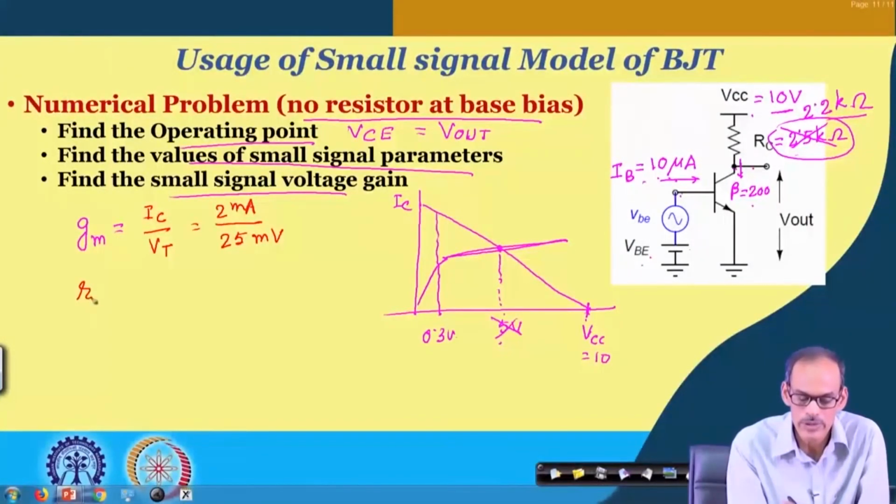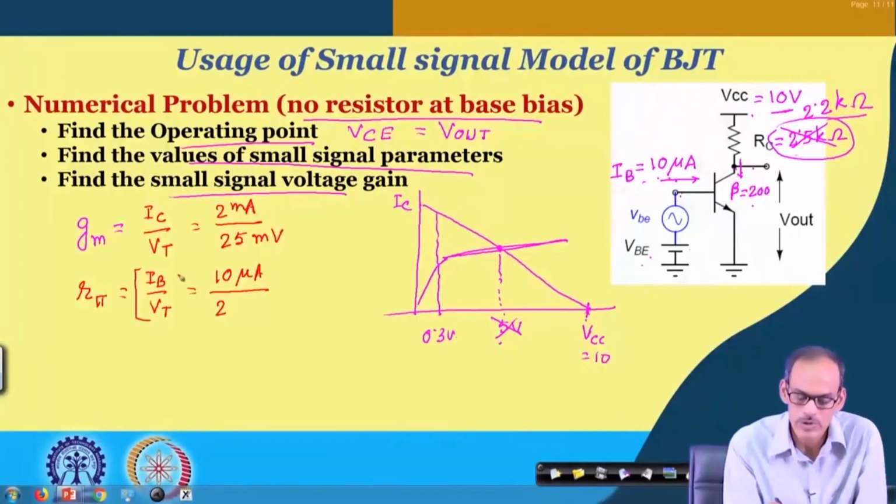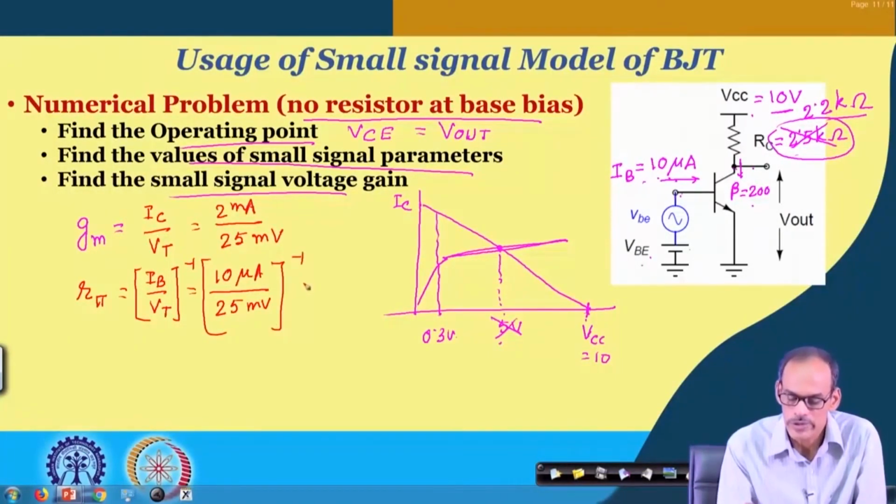Still, you can write r pi equals VT divided by IB. So, this is 10 microampere divided by, sorry, this is reciprocal of that. So, 25 millivolt and it is reciprocal.